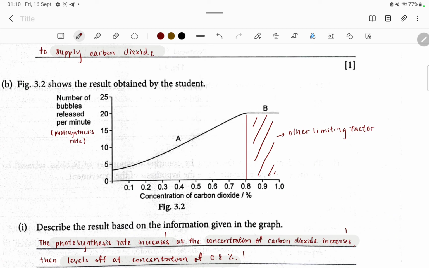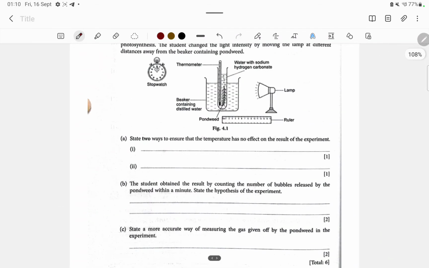But not a concentration of carbon dioxide anymore. Maybe it's light intensity, maybe it's temperature. This one we don't know, so we have to explain lor.